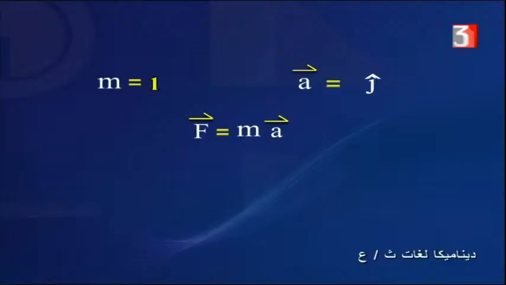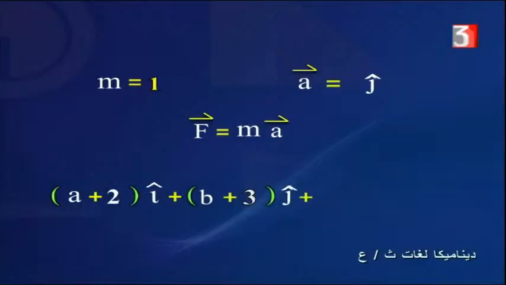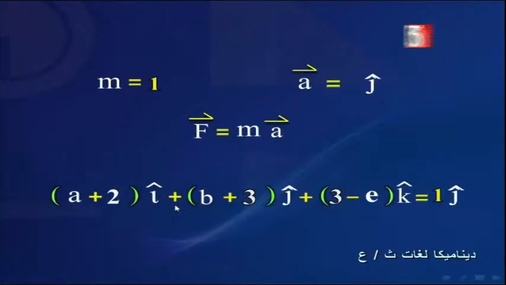Here m equals 1 unit, so it is constant, and vector F equals m times vector a. Vector F is A plus 2 i plus B plus 3 j plus 3 minus E k, equals the mass of the body, which equals 1, multiplied by the acceleration vector, which equals j.